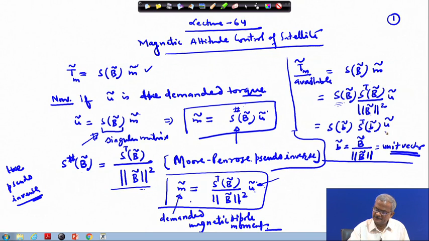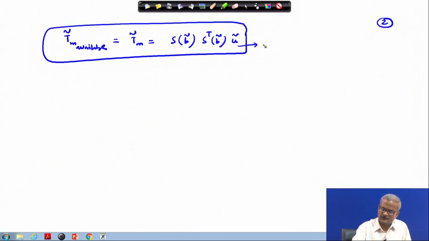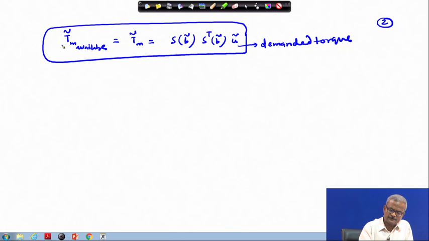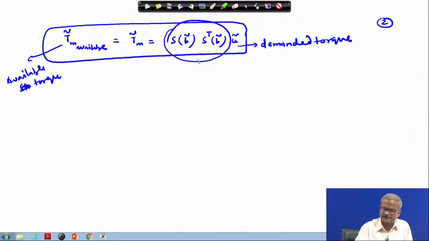This is what we have written here. So, this is the demanded torque, and on this side you have the available torque. Remember, these two are skew symmetric matrices.